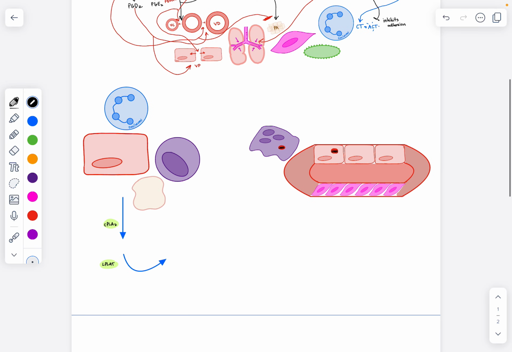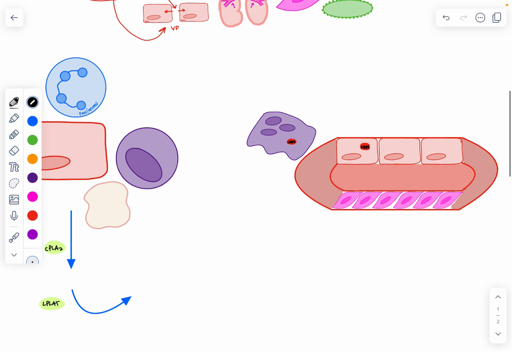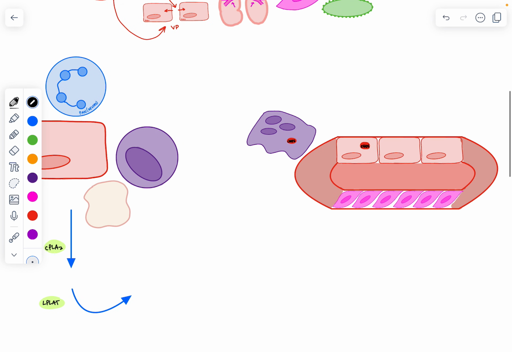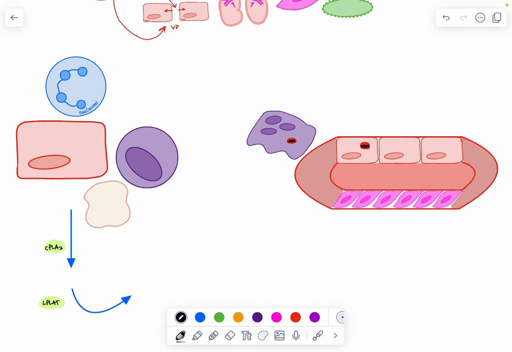So the next pathway I'm going to go over is the platelet activating factor pathway. This pathway can happen in a wide variety of cells, as I've drawn here. It can happen in neutrophils, leukocytes, endothelial cells, as well as platelets, but it happens in a very similar way. It's kind of a side pathway to the cyclooxygenase and lipoxygenase pathways.